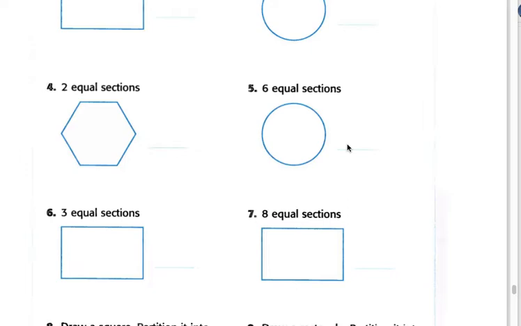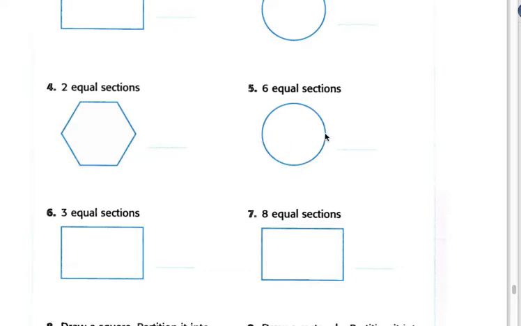Okay, now we have a circle to divide into 6. What I'd like you to do is draw a line across from left to right. And now you have 2 equal sections, and you're going to simply make a line here like a piece of pie and a line here like a piece of pie. That will give you the 3 equal sections for that half, and then repeat the process at the bottom.